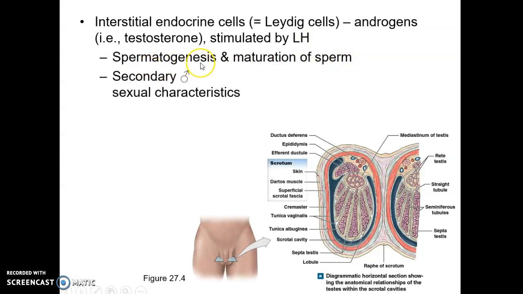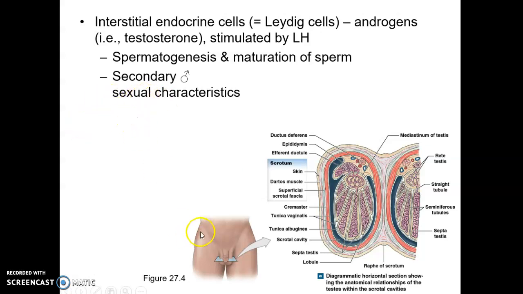Spermatogenesis is the formation of sperm, and then maturation of sperm is the last stages of the development of sperm. We'll cover that. And then the androgens, testosterone, help with the development of sperm and the maturation of sperm, and also help with the appearance of the secondary sexual characteristics that become obvious at puberty.